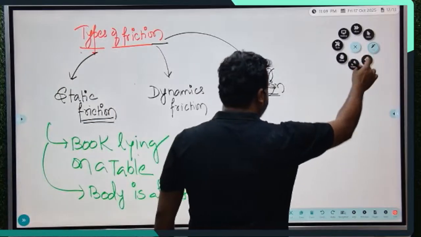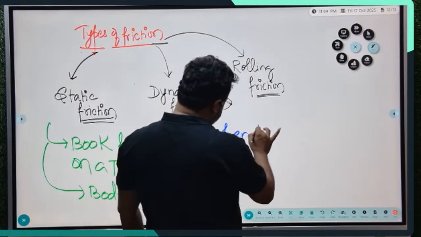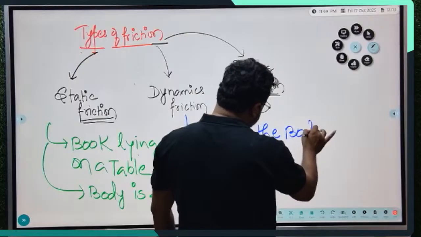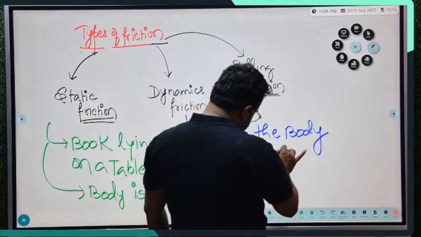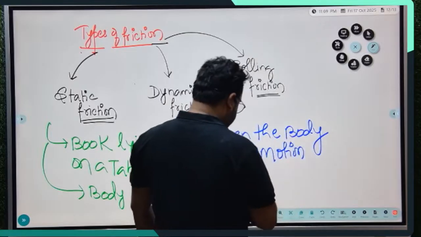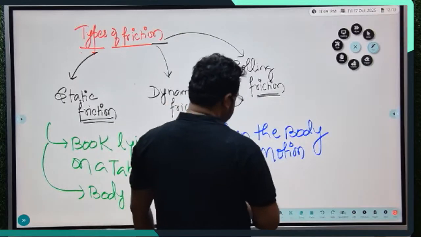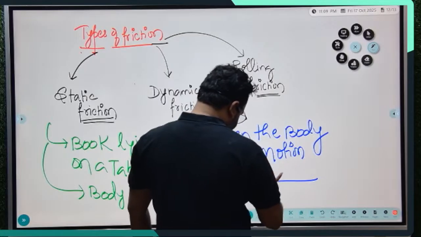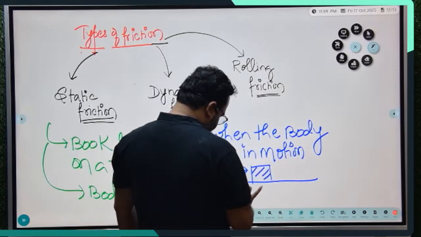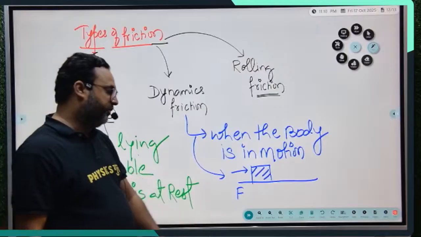Dynamic friction is when the body is in motion. Example: suppose you are pushing a box and the box is moving.